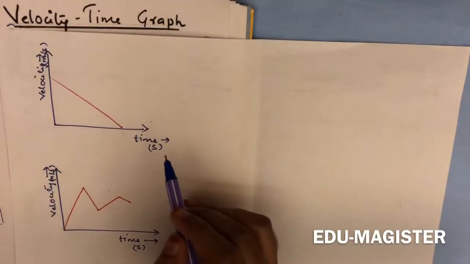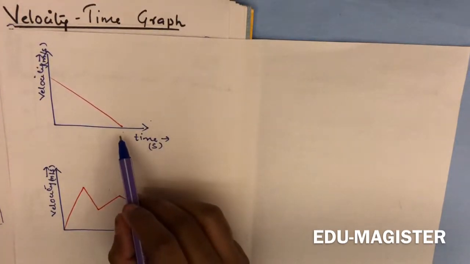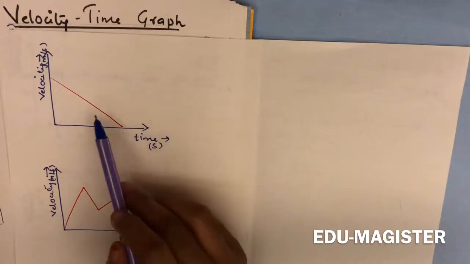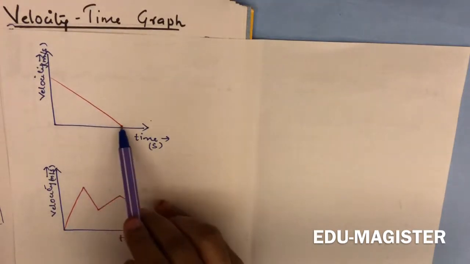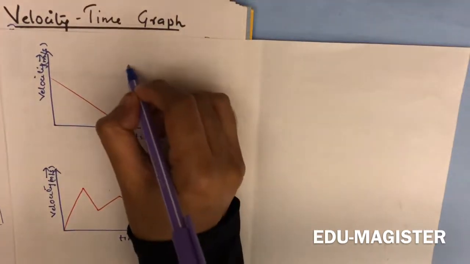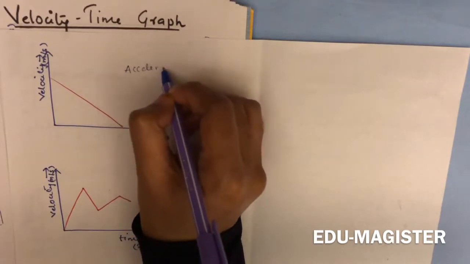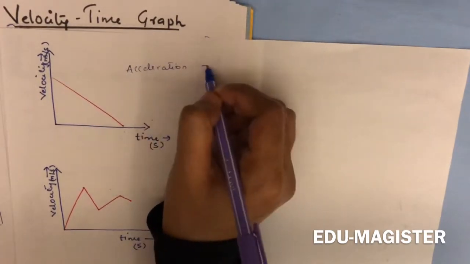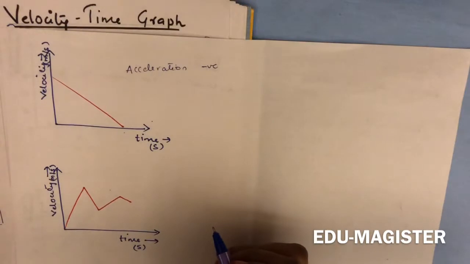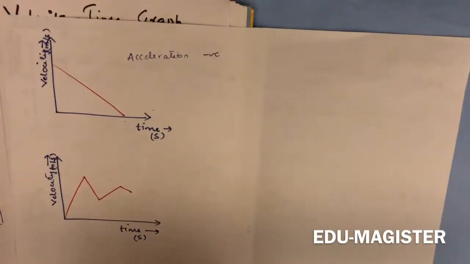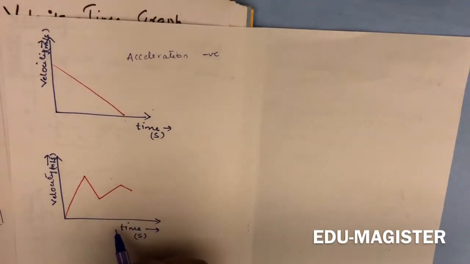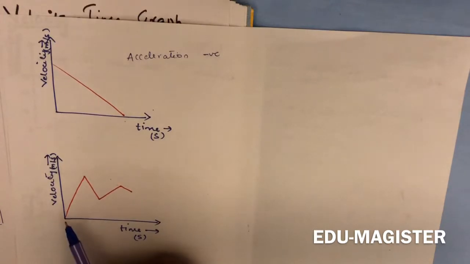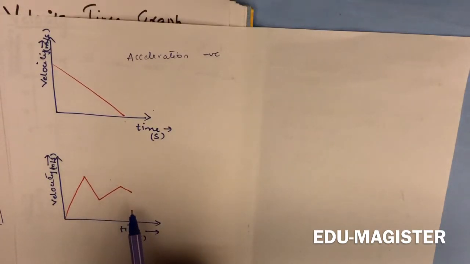Here are some more velocity time graphs that you must know. In this first graph, you can see that the velocity is decreasing with time. That is, acceleration in this case is negative. In the next graph, the velocity is varying non-uniformly.